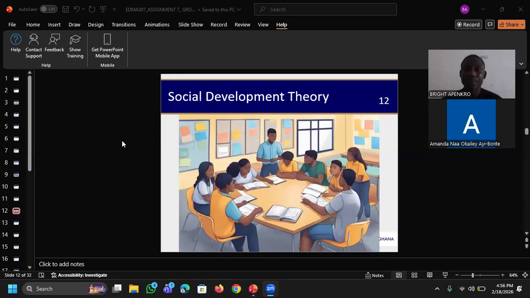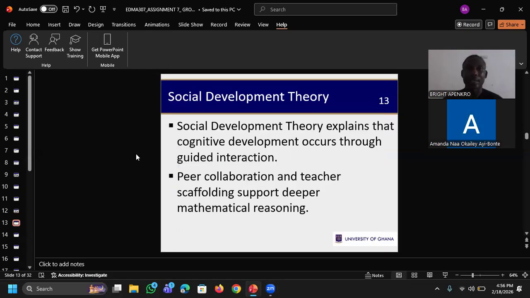But let us move on to look at the other aspects of the content. Now, social development theory, what is this theory about? The theory explains that cognitive development occurs through guided interaction. What do we mean by that?